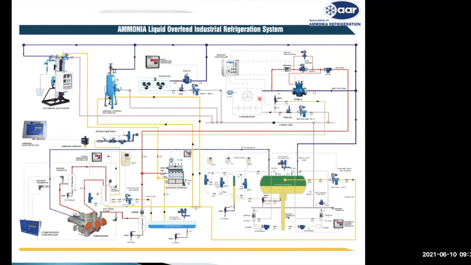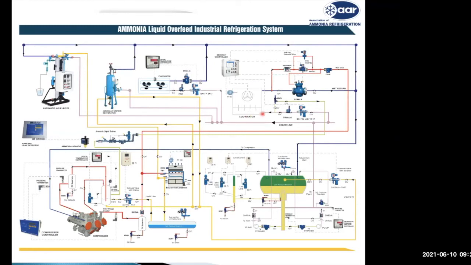Then we have different types of evaporators, arrangements of automation, maybe hot gas defrosting, and pressure regulation. All this is called the low pressure system. Why this is important is that when you are talking about effects of water and air on an ammonia plant, we need to find out where air will accumulate, where water will accumulate, and then find a solution for it.